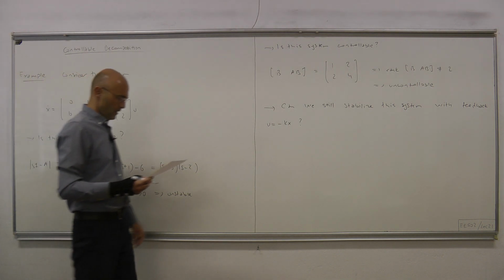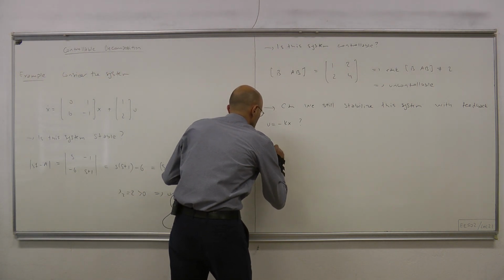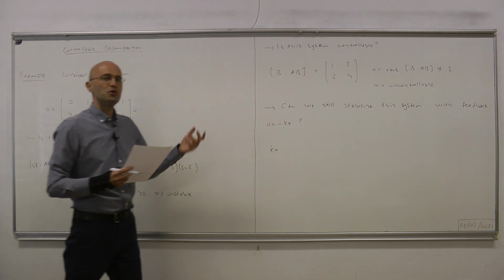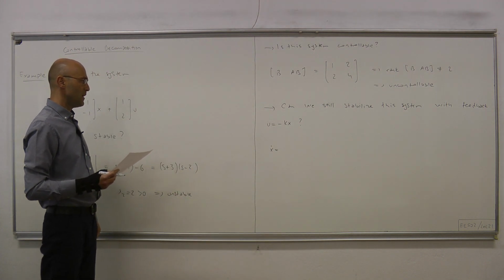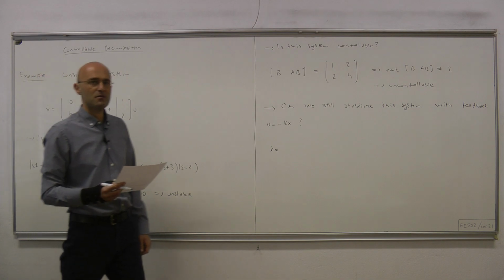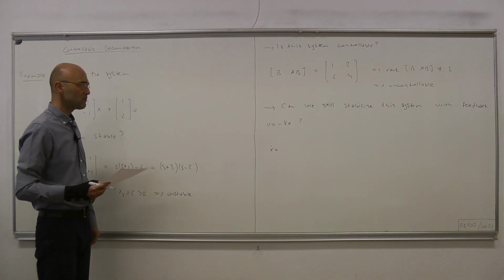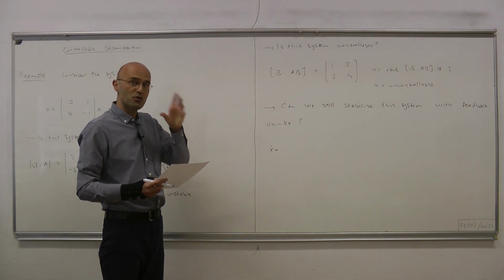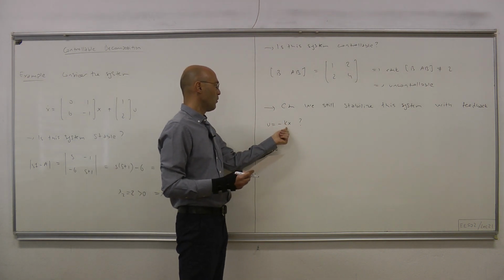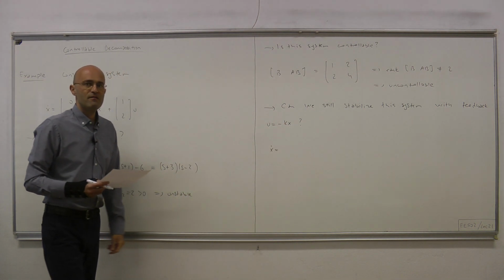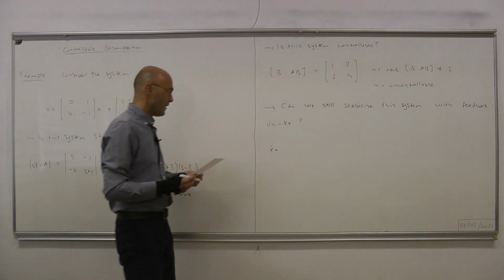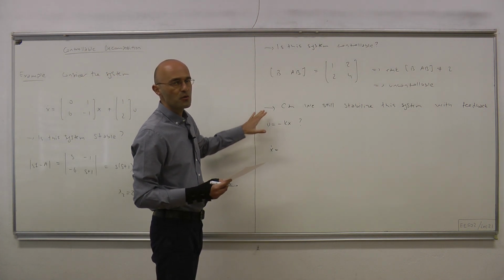What we can do is try to figure out the eigenvalue locations of the closed loop and the dependence of those eigenvalue locations on the parameters of our feedback law K. And then perhaps we can answer this question.